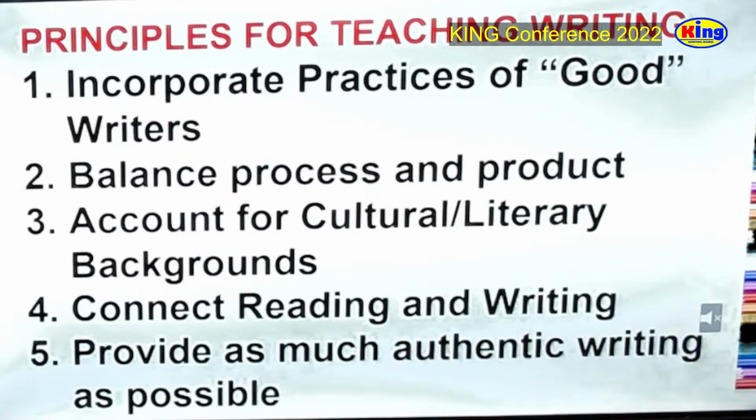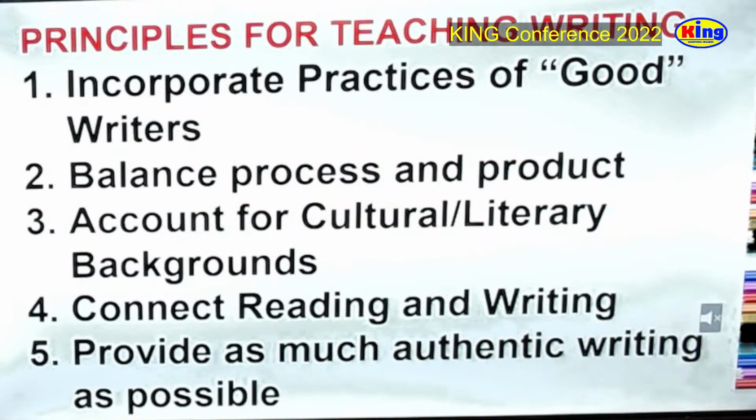Principles for teaching writing. For teaching writing, we have: incorporate practices of good writers, balance process and product. And then number 3, account for cultural or literary backgrounds, connect reading and writing, and then provide as much authentic writing as possible.